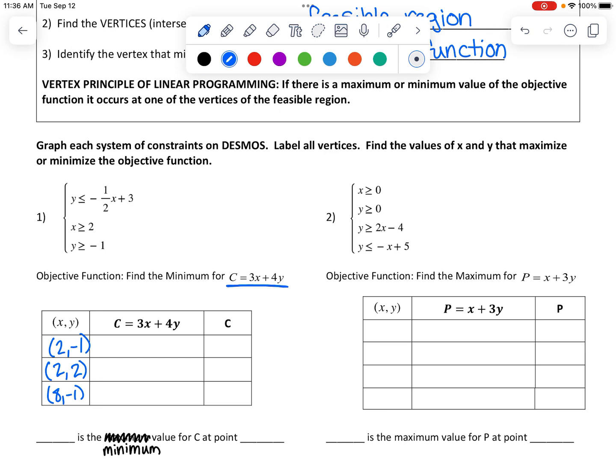C is equal to 3x plus 4y. So it's telling us the minimum value is going to be represented by 3x plus 4y. We just have to figure out which vertex is going to give us that minimum value. So I'm just going to take my x and y values. So I'm going to have C is equal to 3 times my x value plus 4 times my y value. And I'm going to do this for each one.